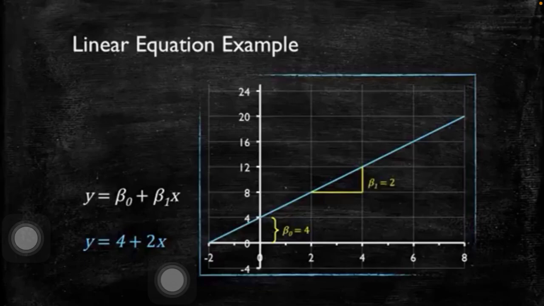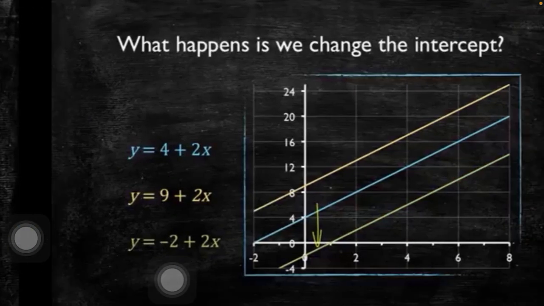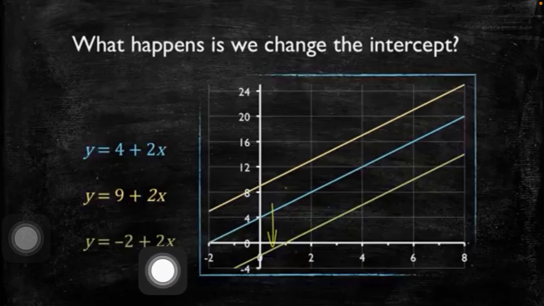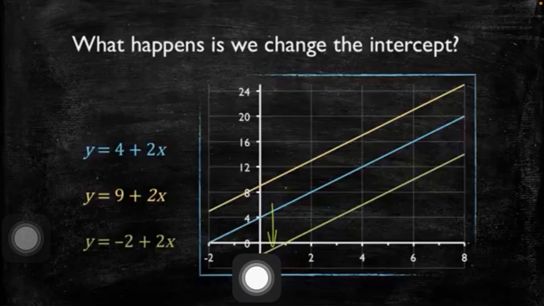Next I am taking some other linear equations. As you can see on your screen, these are two linear equations. The first one is y equals 9 plus 2x, which I plot here, and the second one is minus 2 plus 2x, which is plotted here. This line with intercept minus 2 cuts the vertical axis at minus 2, below the horizontal line.